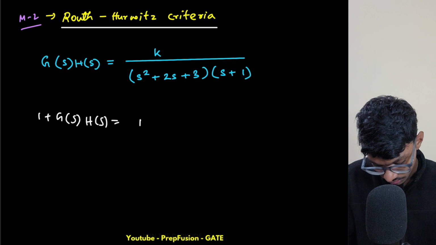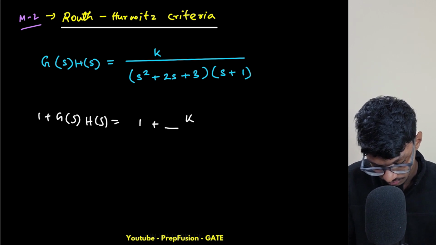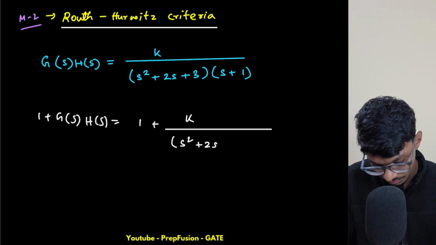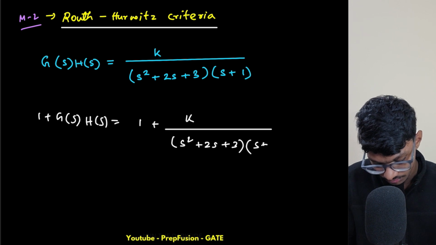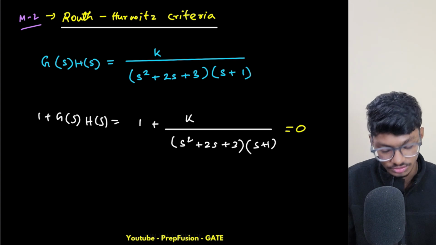Simply, 1 plus g of h of s equals k divided by s square plus 2s into s plus 1. This is 1 plus g of s, so this should be equal to 0.